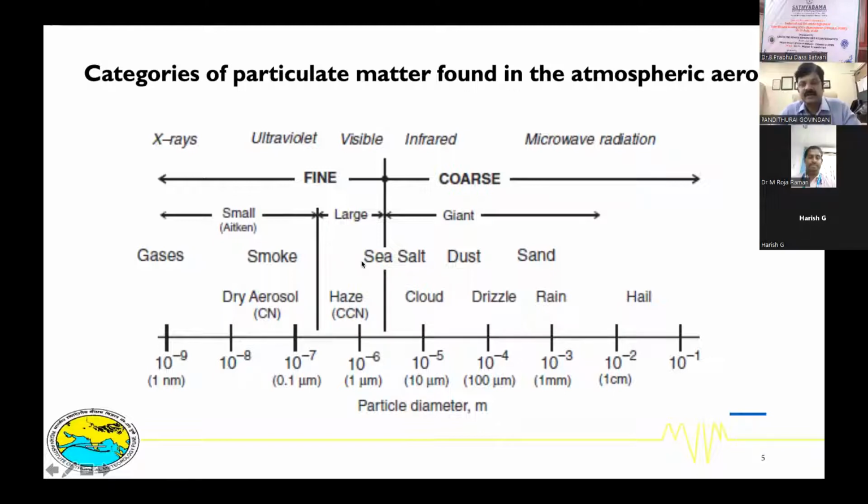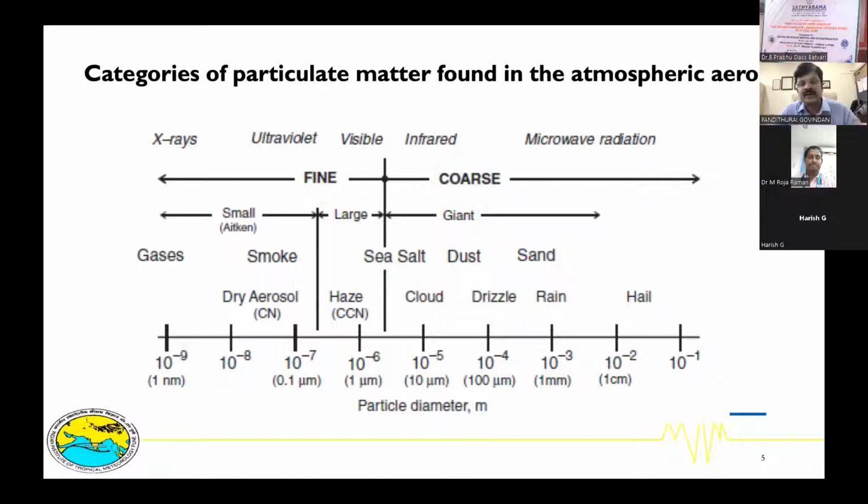Then we have dust, sea salt and sand, which are giant or coarse mode particles. Then in terms of clouds, the sizes could be tens of micrometers. And drizzle and rain range from 100 micrometers to 1 millimeter. And there could be hail, which is a few centimeters in size. So we have to deal with a wide range of particulate matter in the atmosphere.